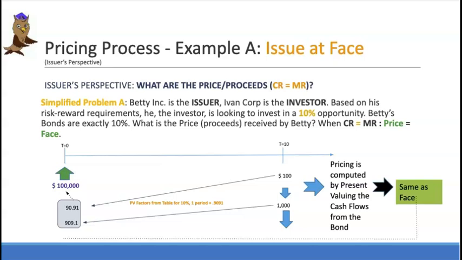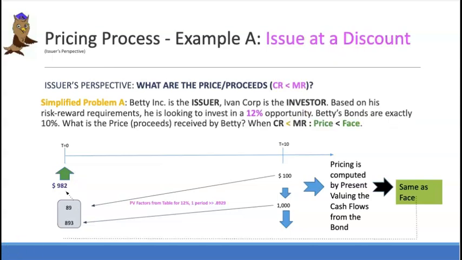Again, there's no discount or premium since the market rate used in the PV calculation is equal to the contract rate. The total interest expense to the bond issuer, and also interest revenue to the bond investor, is only a function of the interest payment at 10%.